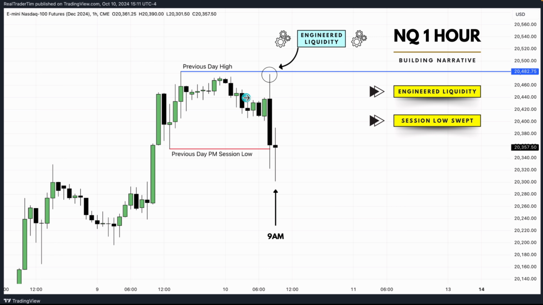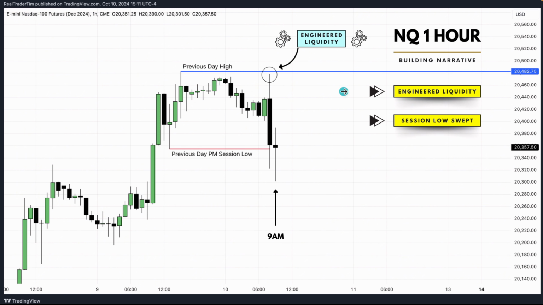But when it's a session high, you guys know how much I love targeting session highs and focus on targeting session liquidity. When we have a liquidity pool, especially after a red folder news release as big as the CPI news event, that brings price up but falls just short of a session high, which in this case is previous day's high, that is engineered liquidity, and your focus should really be on there, okay?